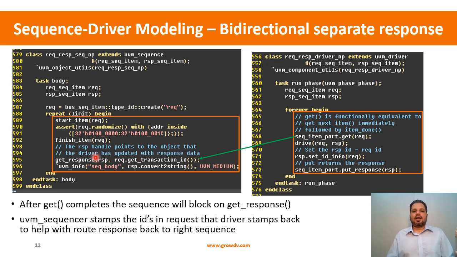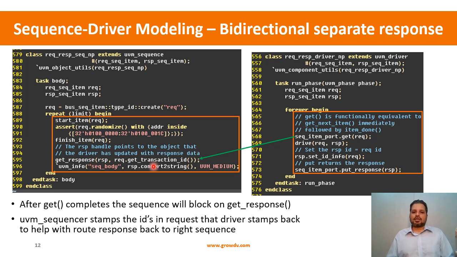And then if we come back to our sequence, we are saying get response, passing the response handle, and we are saying request dot get transaction ID. This is the transaction ID we are asking the sequencer to match, and only when that is available would we like the get response to be unblocked.